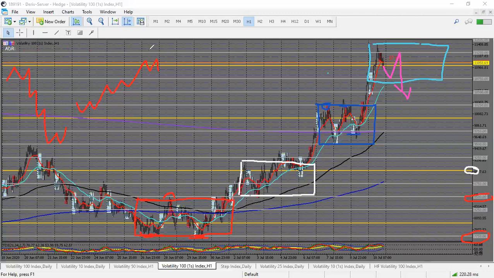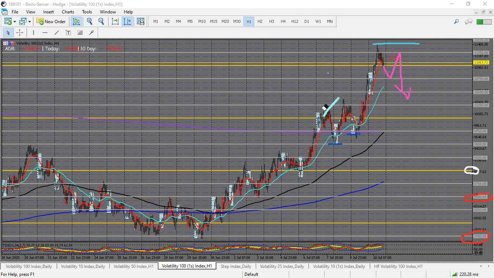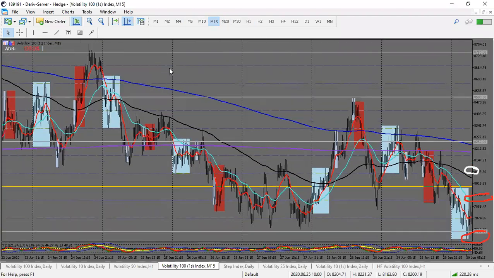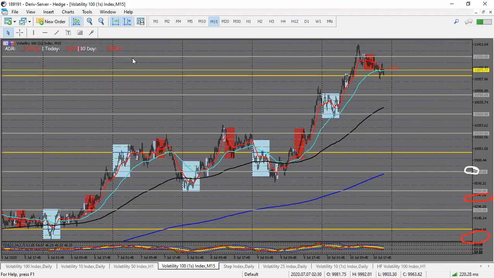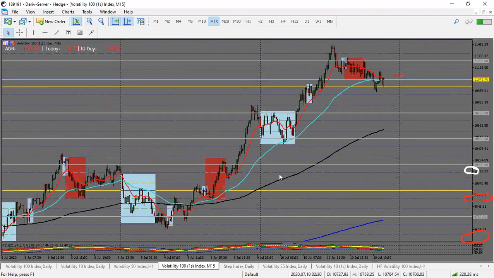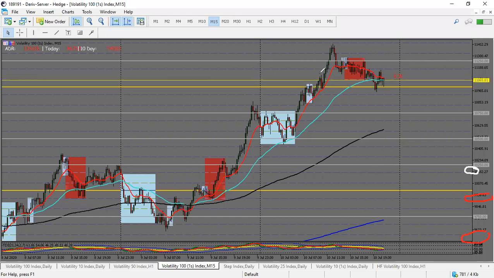Let me try and zoom this so that you can see what I want to explain, 10 to 15 minutes. All I'm trying to say is I'm looking at what's happening as far as price is concerned. I'm not going to fall for any quarter point that I see, but I want to see clearly the market maker patterns. You get the point.